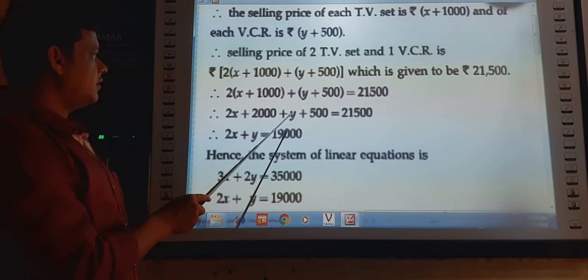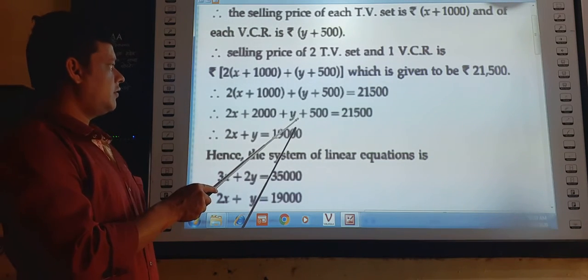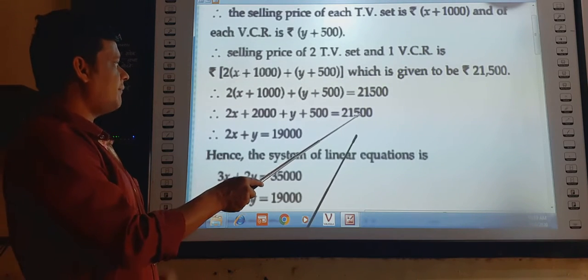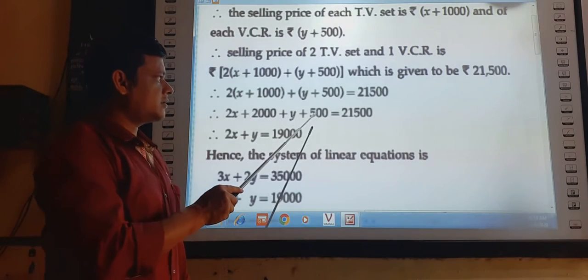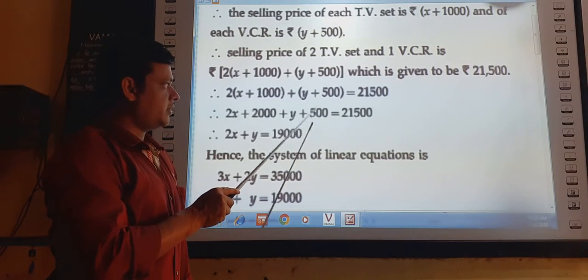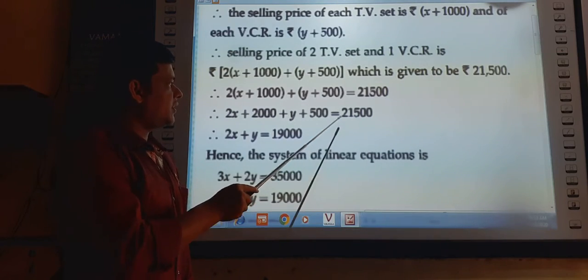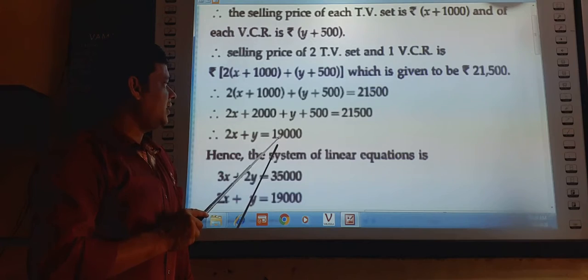Now adjust these terms. We take this y to the second position and after shifting this 2000 plus 500, that is 2500, to the right hand side, after subtracting it we get 19,000.